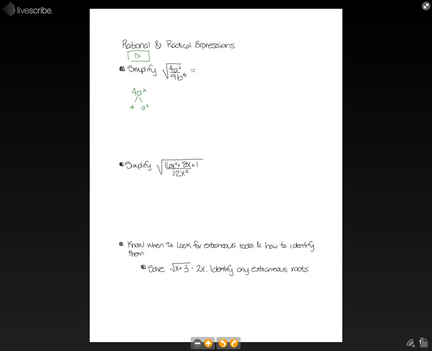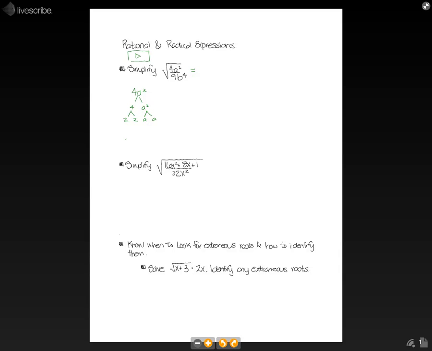I do that just because it helps when you're trying to figure out the end product, to not have letters and numbers all mixed up together. So if we continue factoring, 4 factors into 2 and 2, and a squared factors into a and a. Since when we're looking to simplify radicals, we need to look for squared terms, because a term squared, square rooted, is the term itself.